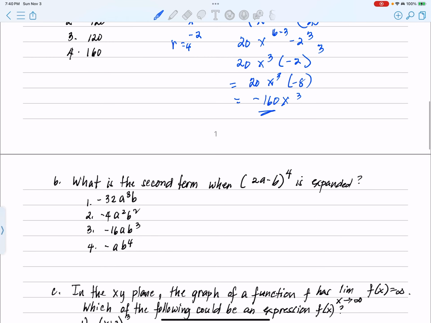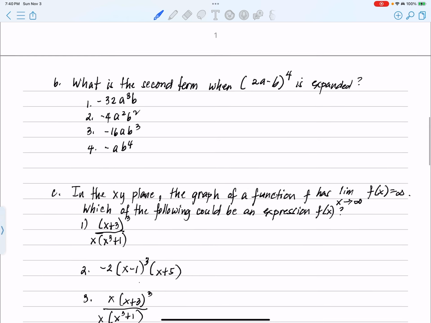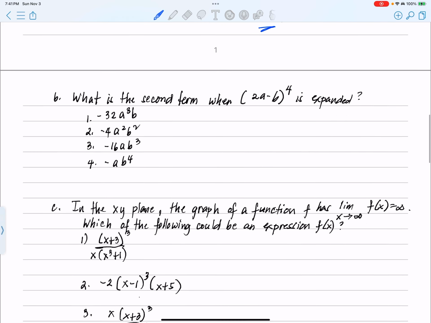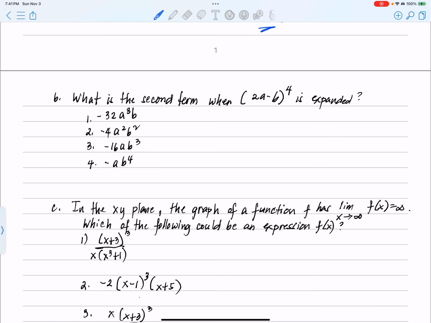Okay, let's solve letter B. What is the second term for 2a minus b to the fourth? Okay, do the same thing. Our n is 4, r is 2, and then first term is 2a, second term is negative b.